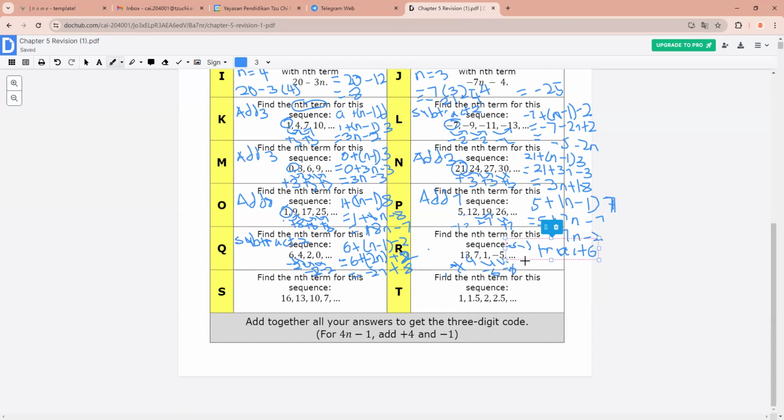So we take the first term, 13, plus n minus 1 times negative 6. 13 minus 6n plus 6. So the nth term is negative 6n plus 19.